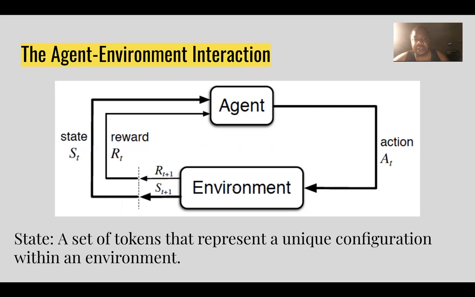Then from there, it will receive a reward and the next state it is in. It will keep going in the loop of observing the state, choosing an action, observing the state and the reward for that state, and then choosing an action again. We can think of a state as a unique set of tokens that represent a unique configuration within the environment.